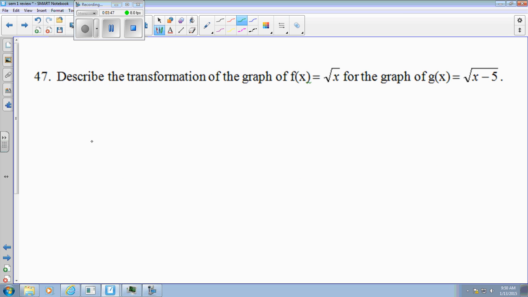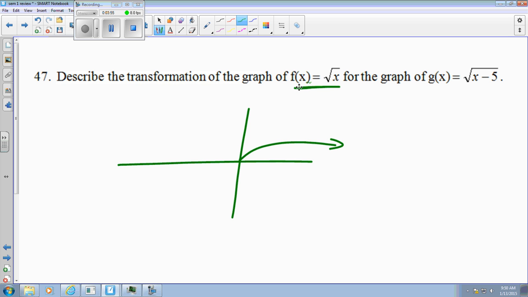For 47, we're going to describe the transformation. So our graph of this is going to look like that for this one, and for the blue one, we know since it's inside here, we're moving it 5 to the right, so it's going to look kind of like that. So we know that this is a move of 5 to the right.